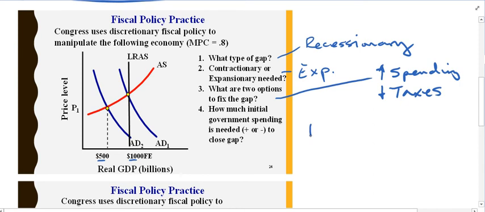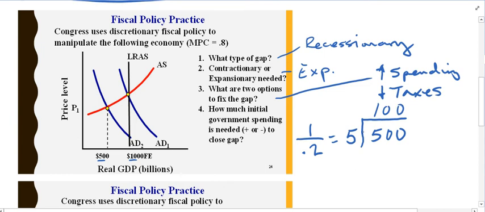So to find my multiplier, right, I'm going to put 1 over my marginal propensity to save. And that's going to give me 5. So my spending multiplier is 5. And I need to close a gap of 500. So how many times does 5 go into 500? Well, it goes into it 100 times.